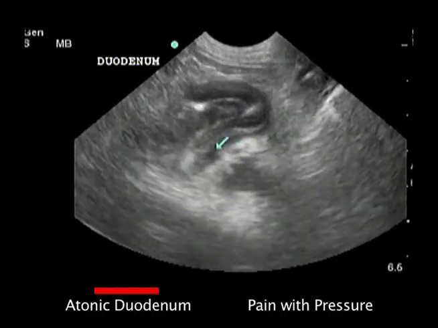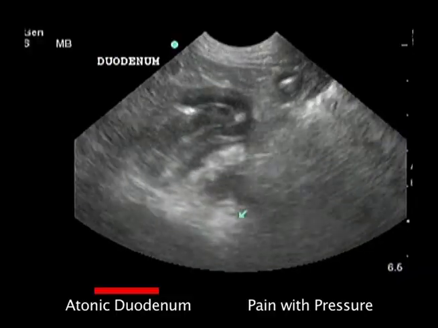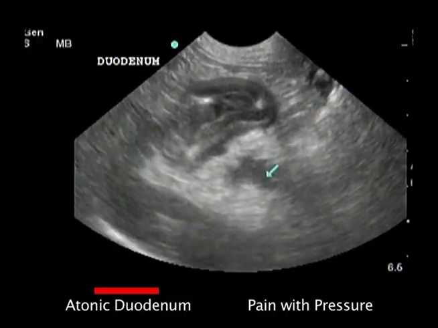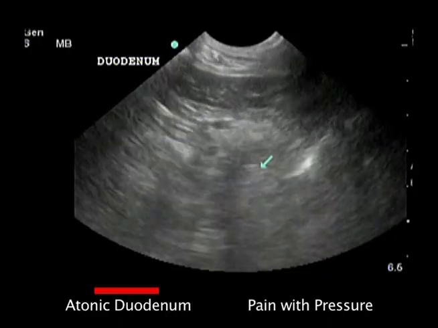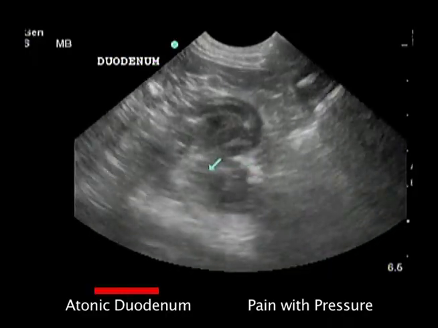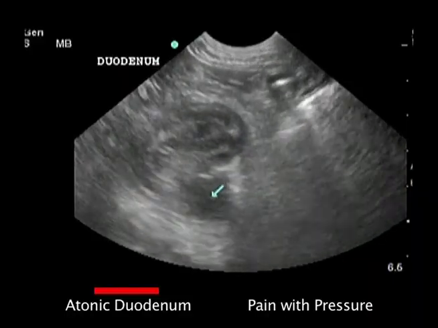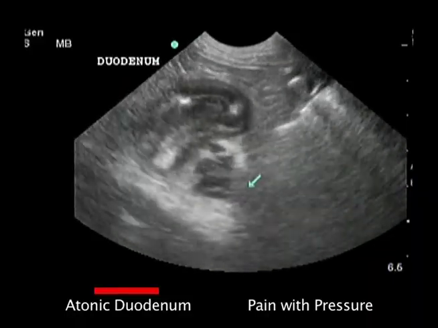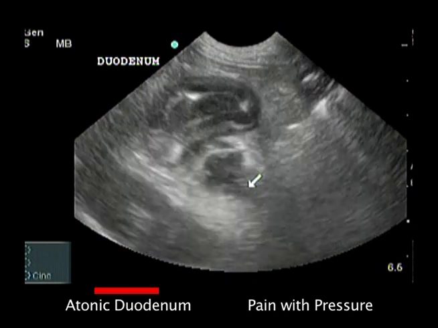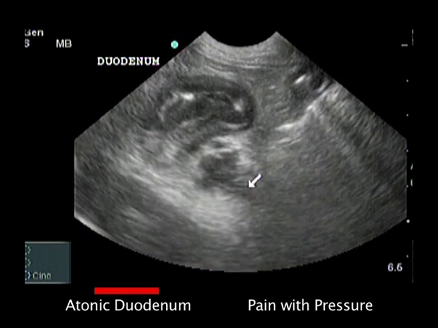There is a mixed echoic lesion of the right limb of the pancreas dorsal to the duodenum. The duodenum is filled with fluid but atonic. Wall thickness of the duodenum is 6.7 millimeters, far exceeding the normal maximum of 5.1 millimeters for a dog weighing less than 20 kilograms.